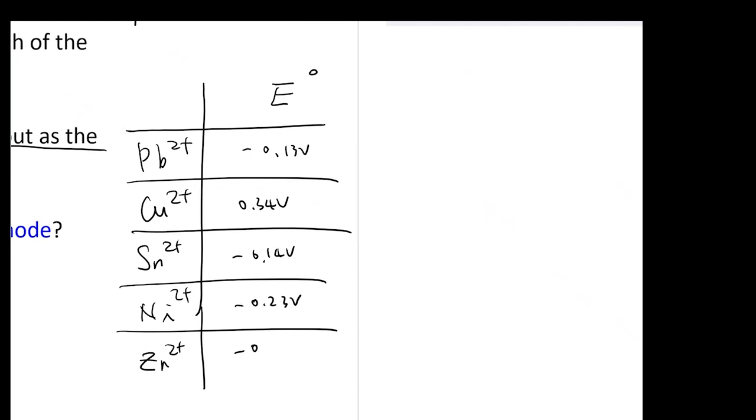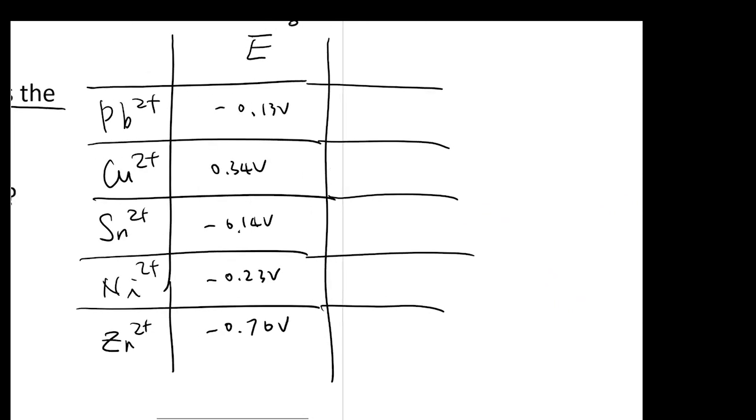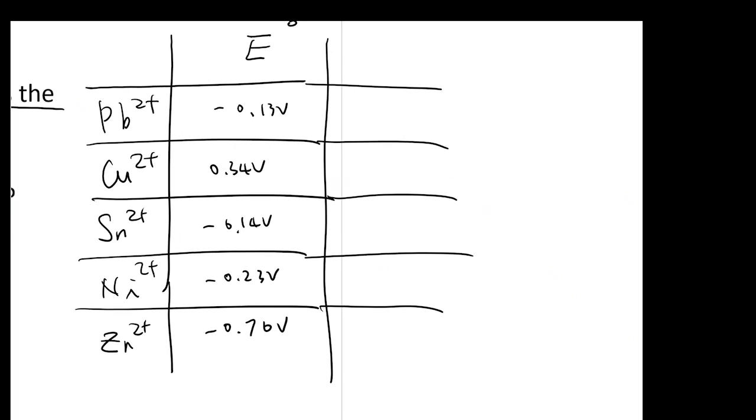And then negative 0.76 volt. So those are the standard reduction potentials. With this information, we know that the cations with the less negative standard reduction potential will get formed first. So based on that principle, which metals will form first?